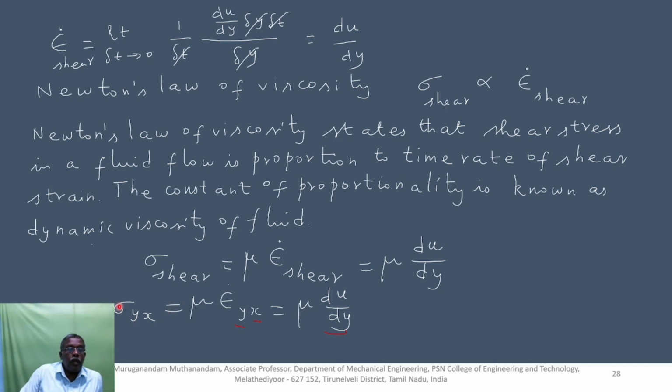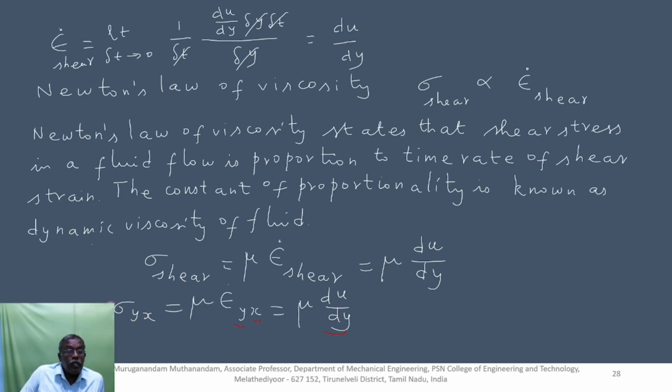We have a tangential stress called sigma yx. The first letter, y, indicates the unit normal perpendicular to the area, and the second letter indicates the direction of the force. The direction of the force is in the x direction.